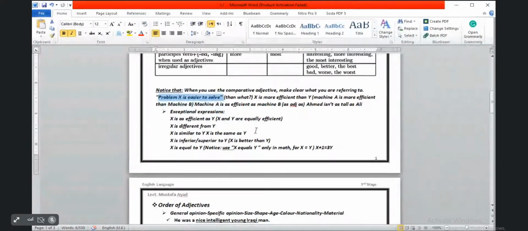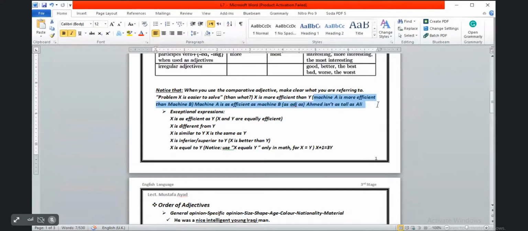But if you say problem X is easier to solve without comparing it to another problem, that is incorrect. You must compare something with something else. X is more efficient than Y. Yes, this is correct. But we don't say just X is more efficient. More efficient than what? Here we said than Y, meaning machine X is more efficient than machine Y.